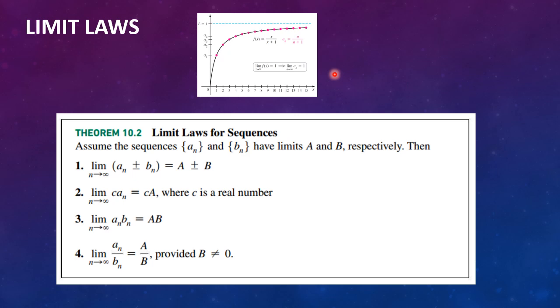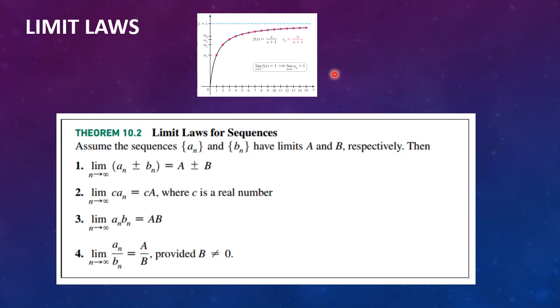Number 2 is the coefficient rule. The limit of a number times a sub n equals that number, or coefficient, times the actual limit of a sub n. If we take the limit of a product, again, we can take the product of the limits. So if we're trying to take the limit of a sub n times b sub n, we can find the limits of each of those sequences, a sub n and b sub n, and then multiply them.